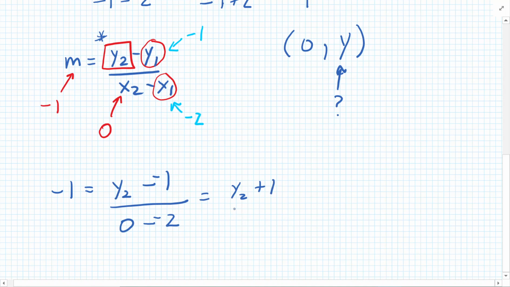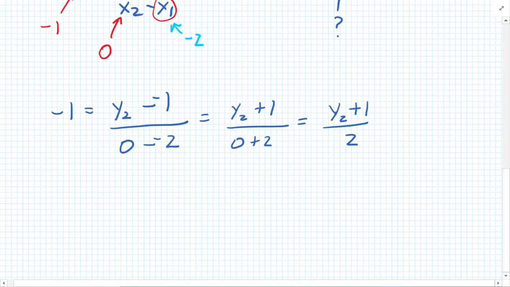Minus and a minus is a positive. 0 minus a -2 is +2. y2 plus 1 can't be simplified, that's all we can do. Divided by 0 plus 2, that can be simplified. Let's do y2 plus 1 over 2.